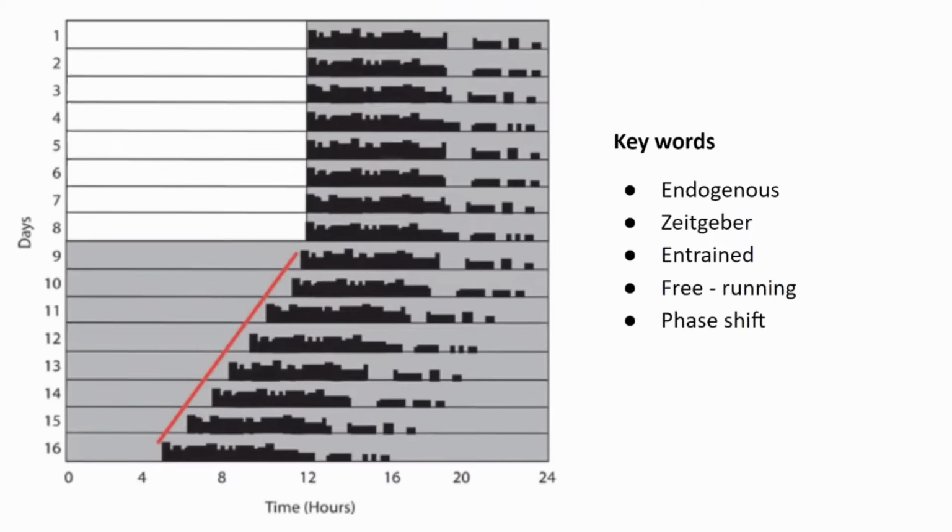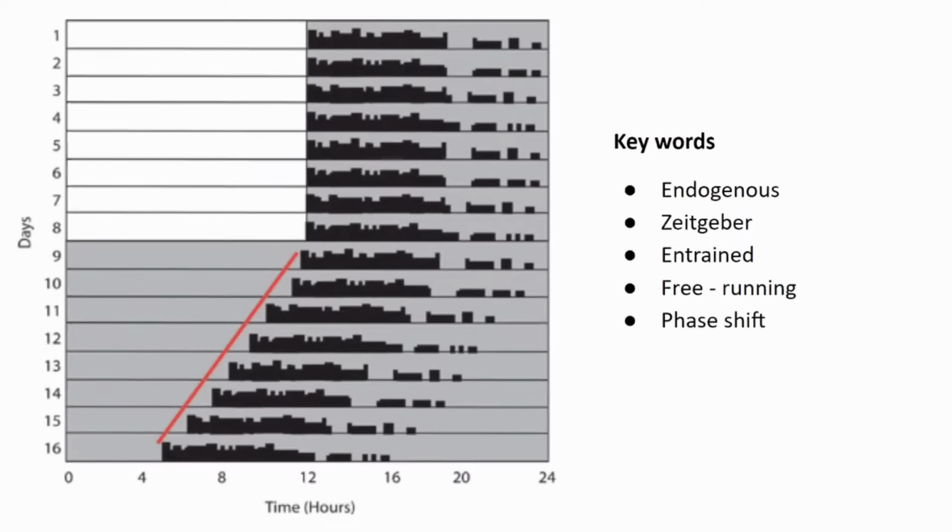So from days 1 to 8, they were kept in 12 hours of light and 12 hours of darkness. So we can see that once it became dark at hour 12, our organism became active. So that is our daily rhythm, and they are nocturnal. Okay, so that's our what.